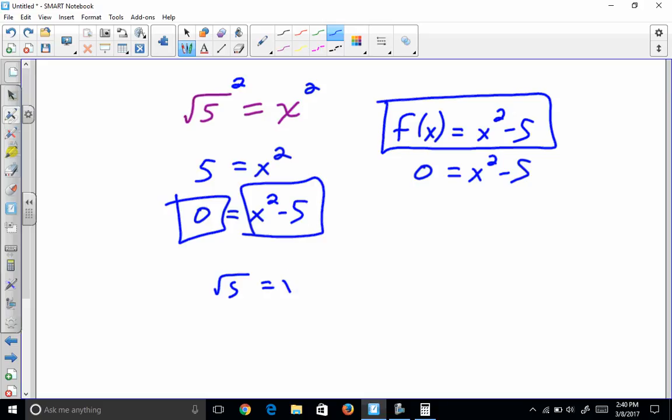We could technically get a 0 on one side, and we could say, well, our function is x minus the square root of 5. Find out what makes our function 0, and that answer would be the square root of 5.